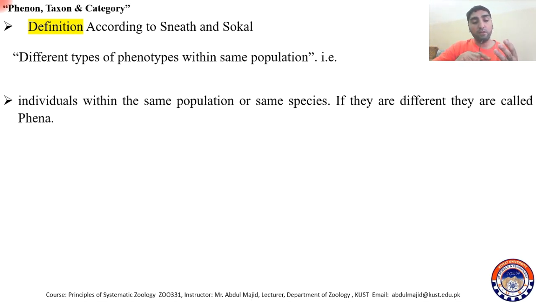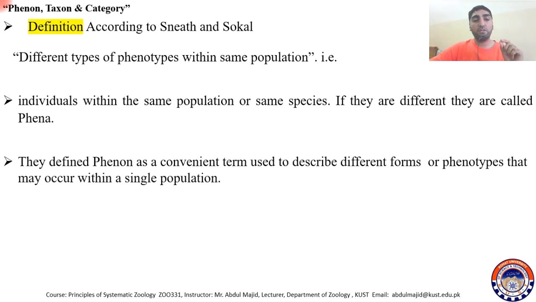And then if 20 students have curly hair and 30 students have straight hair, again the curly hair is different from the straight one, and the straight one is different from the curly one. So 20 students have curly hair, and that is different from the straight hair students. There are 30 students who have straight hair, so there is another phenon.